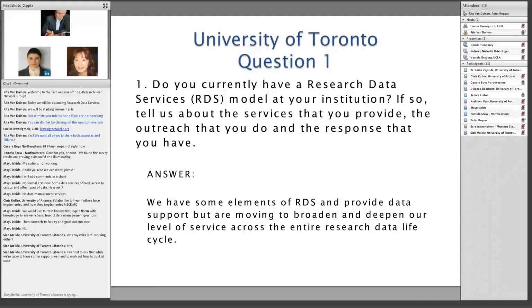And Sean says he wants to say that while they're lucky to have administrative support, they need to work out how to do it at scale. It's a big institution, indeed. Okay, let me know when you're ready to go to the next slide.